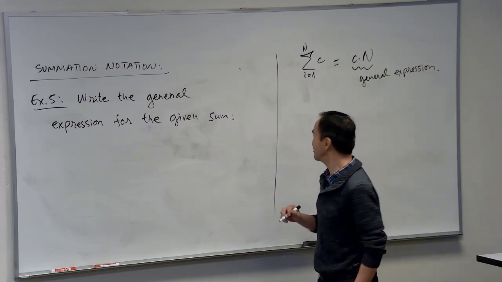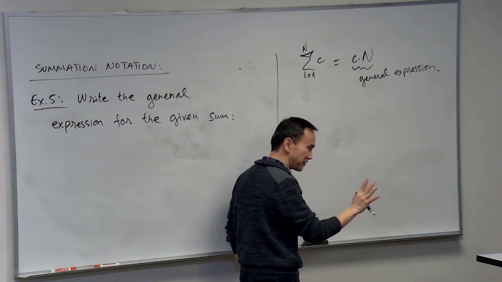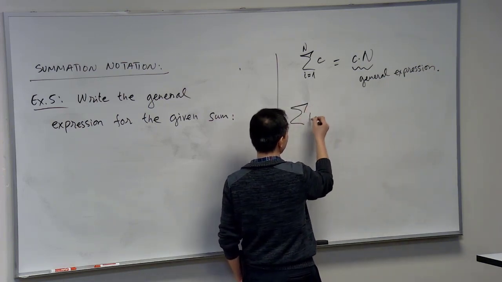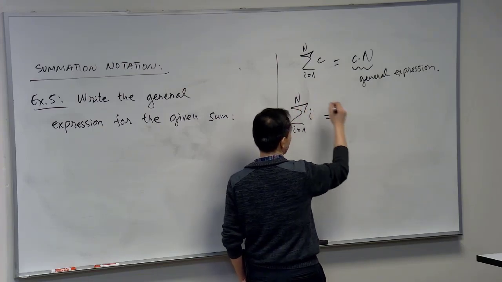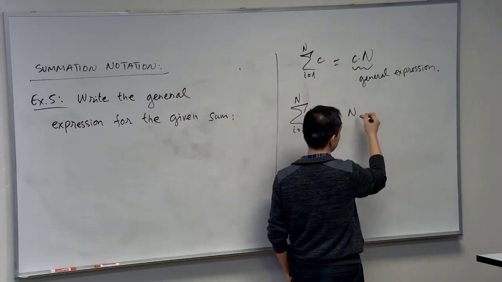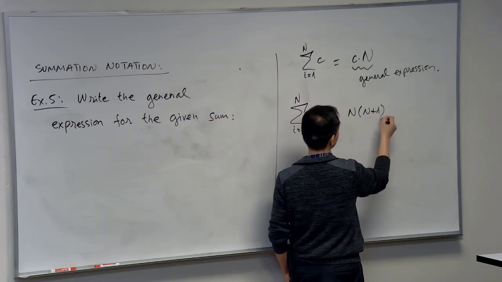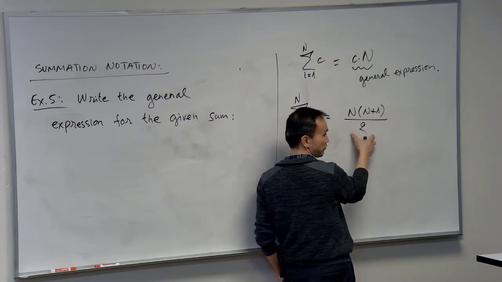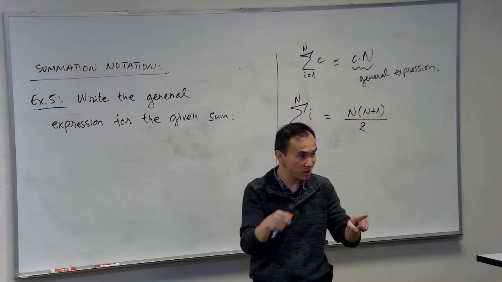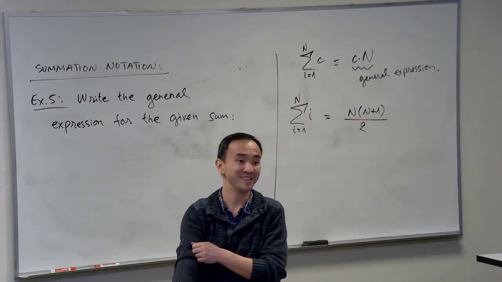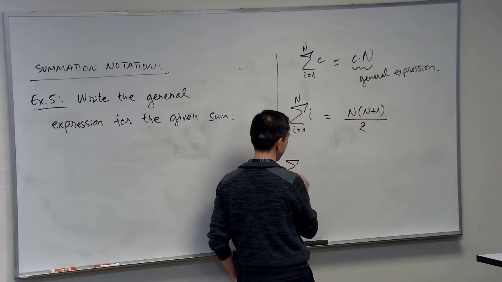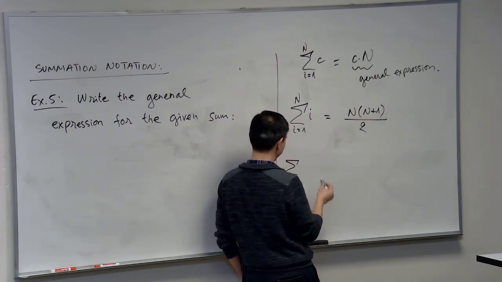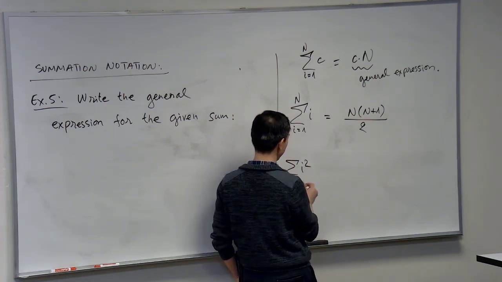Okay? And so just like that, we have already seen a few other ones. Summation on all the i terms, i going from 1 to n. The general expression here is n times n plus 1, all over 2. This general expression here gives you the total sum without adding up the terms. That's the idea. Okay? And then another one I introduced, and for the rest you guys can Google search: i squared, and then i goes from 1 to n.